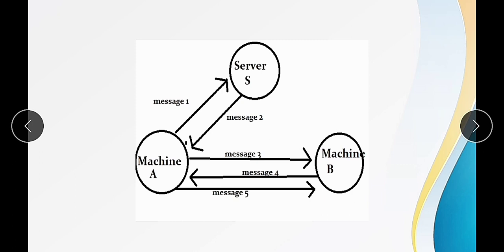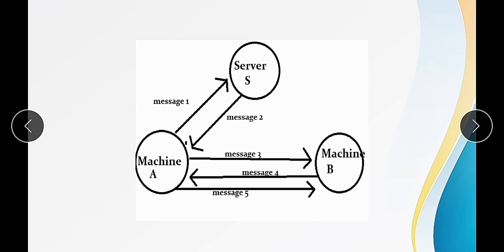Now Alice will send that key to Bob, and after that Bob wants to confirm that Alice is the actual user, so he will send a nonce to Alice in the fourth step, and he wants Alice to decrypt it using the symmetric key provided by the server.